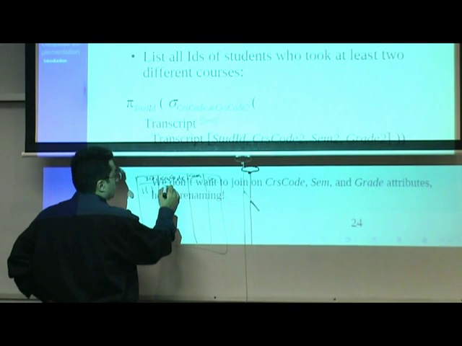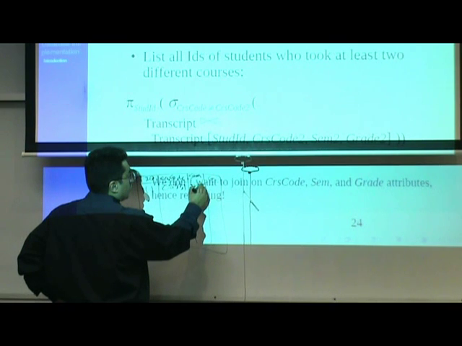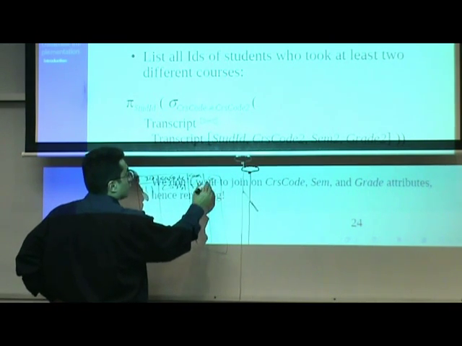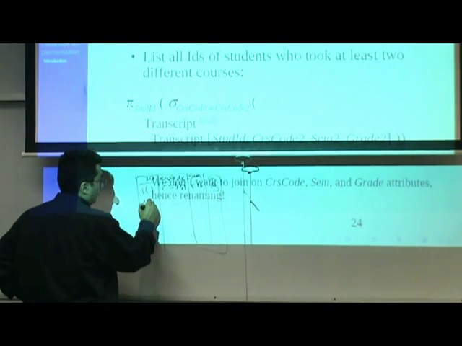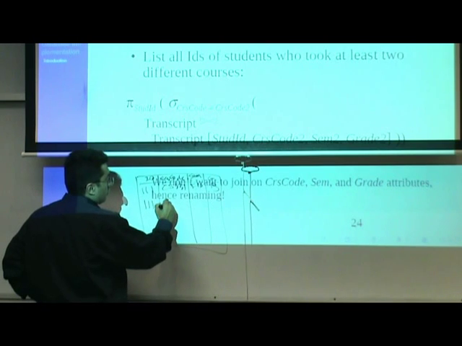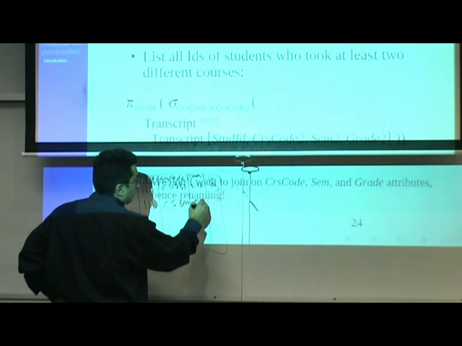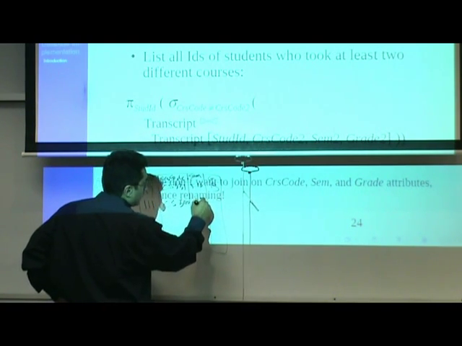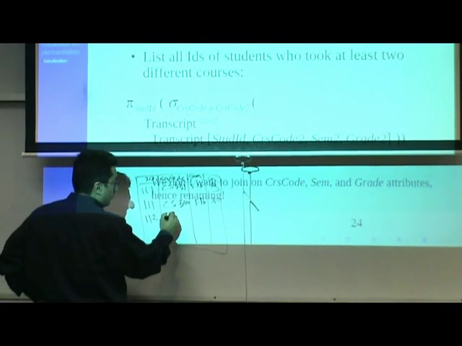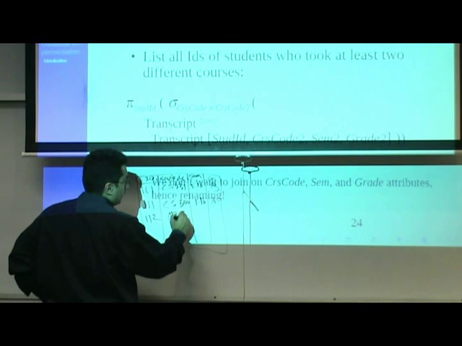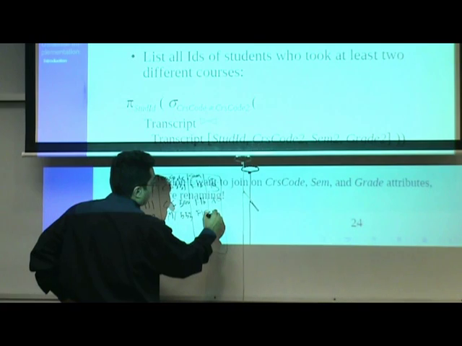Student 111 took CS 551 in fall 2016, and he got B. The student 111 also took CS 514 in fall 16, he got A. The student 112 took MT 555 in fall 16, got B.